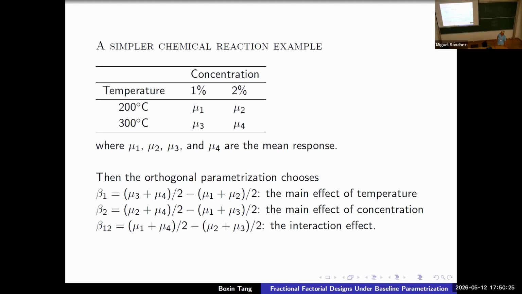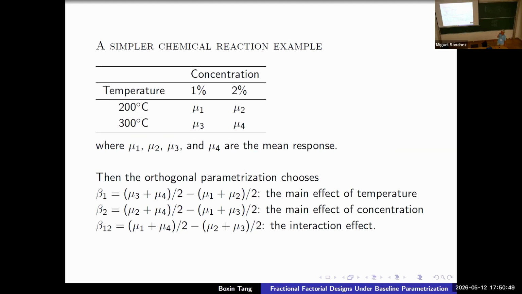And I will use this chemical reaction example to illustrate orthogonal parameterization. To keep it simpler, I only use two factors: temperature, one factor, and concentration, the other factor.